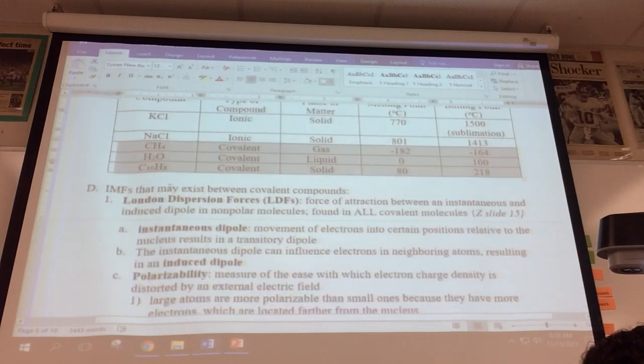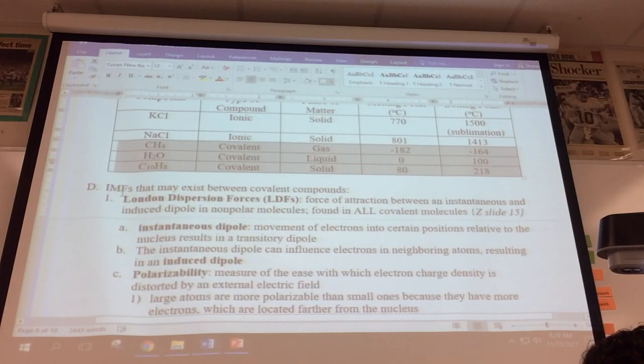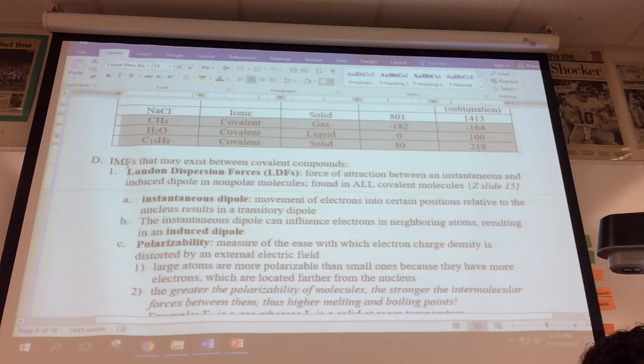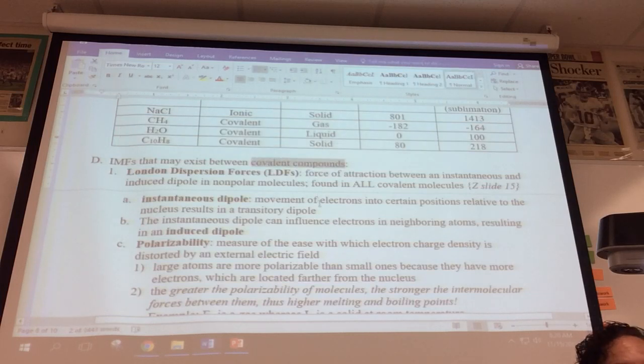The IMFs we're going to talk quite a bit about today are the intermolecular forces that can exist between covalent compounds. Now let's think about this. With covalent compounds, we said they can be nonpolar covalent or polar covalent, and you know how to determine polarity.